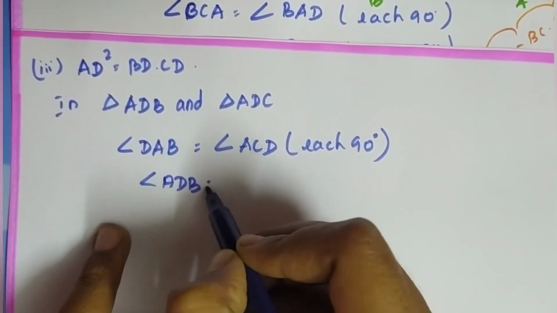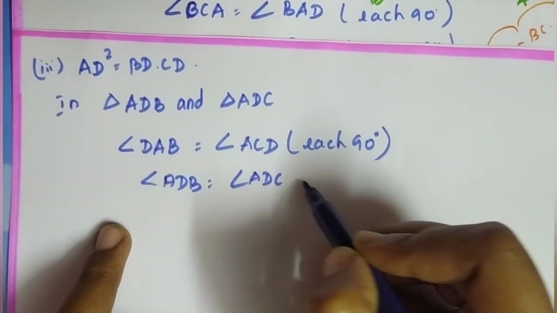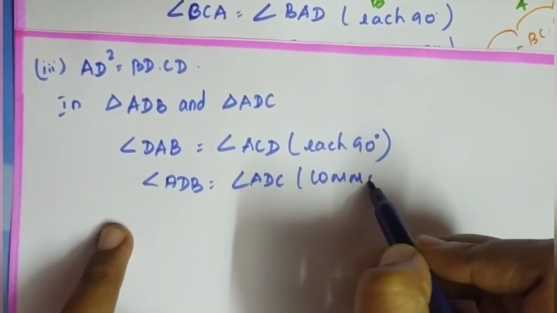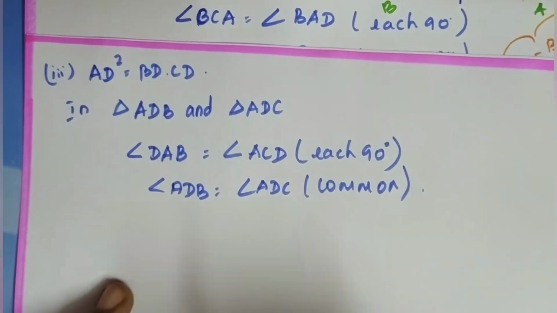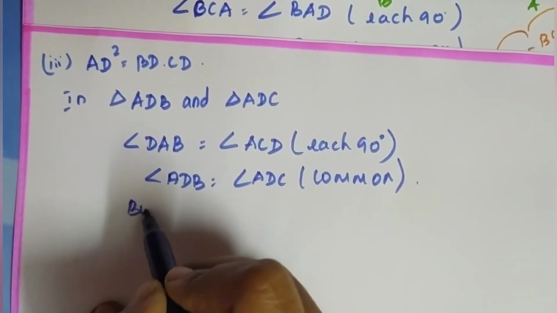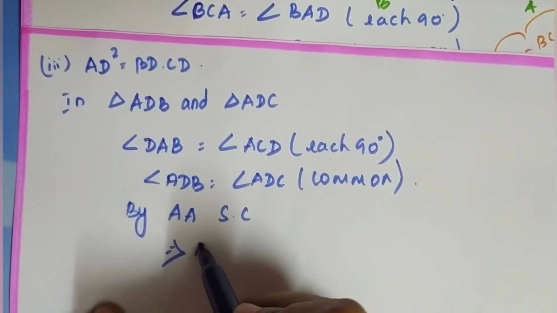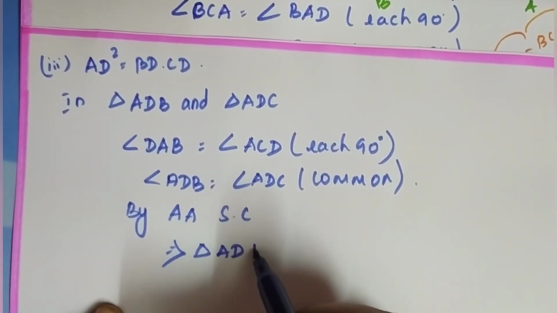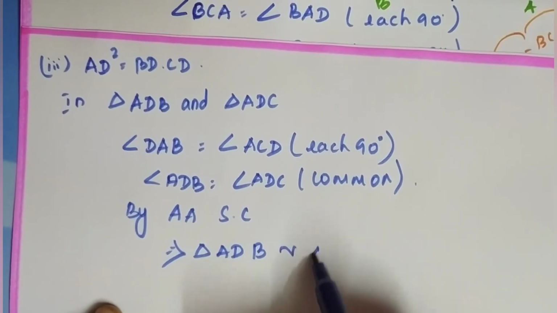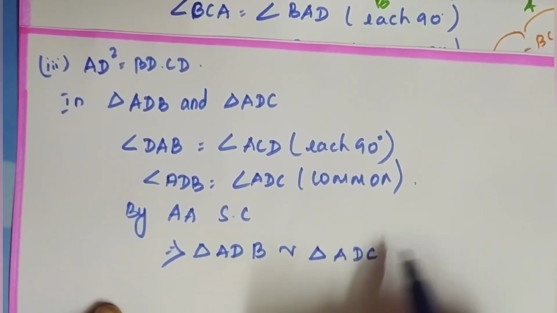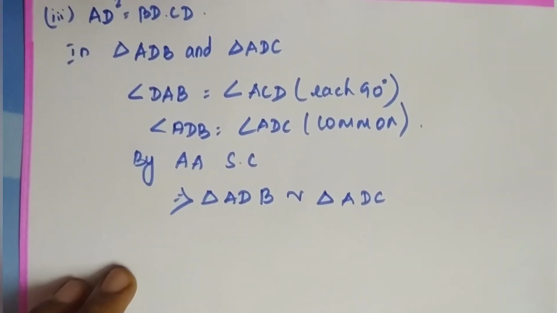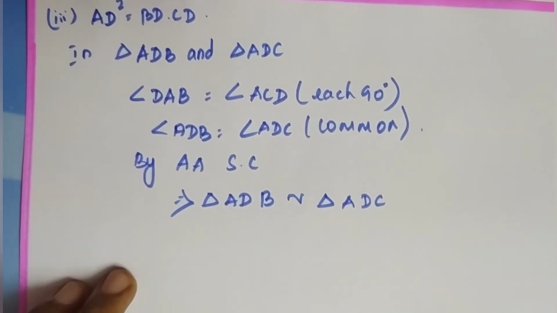Angle ADB is equal to angle ADC, that is common. Therefore, by AA similarity criteria, we can tell that triangle ADB is similar to triangle ADC. So now we proved that the two triangles are similar.